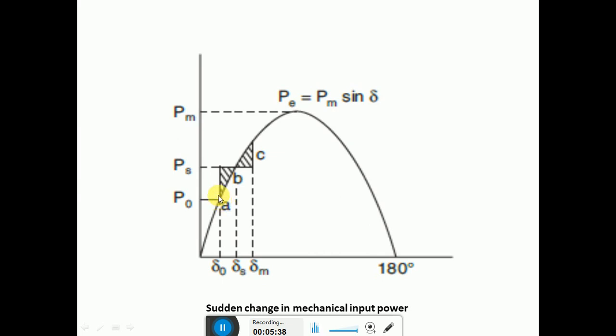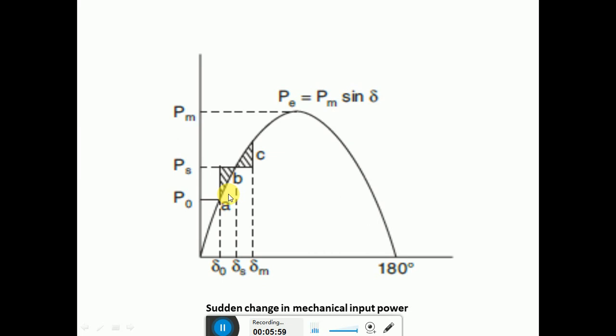Once we increase it, our electrical output power is this one, but mechanical input is this much. So what will happen? Mechanical input is greater than electrical output, so the machine will accelerate.